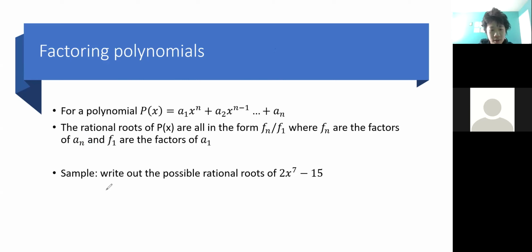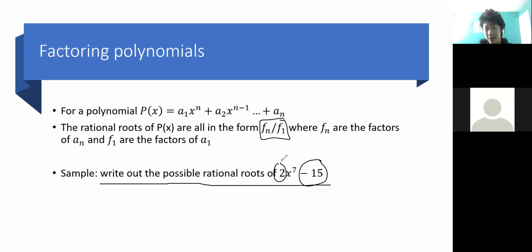So the example here asks, can we write out the possible rational roots of 2x^7 - 15? This method gives us all the possible rational roots that could exist. The formula tells us that all the rational roots are in this form, f(n) over f(1). So all the factors of negative 15 over all the factors of 2.